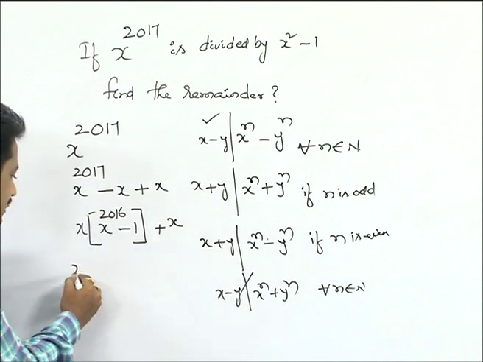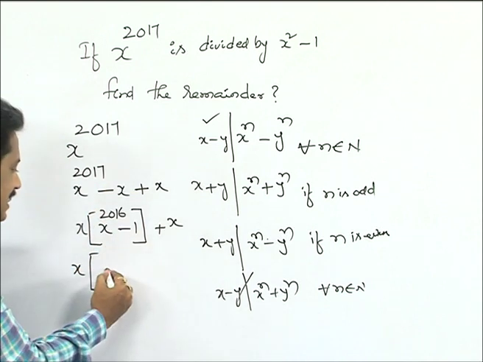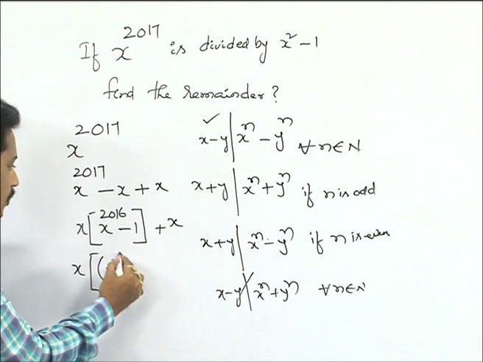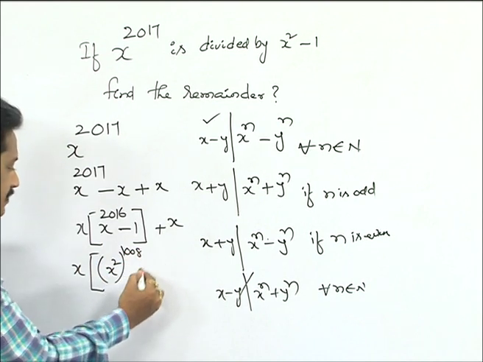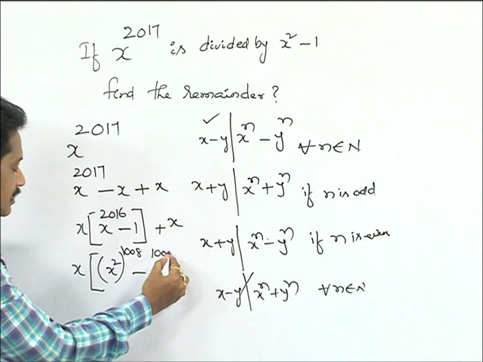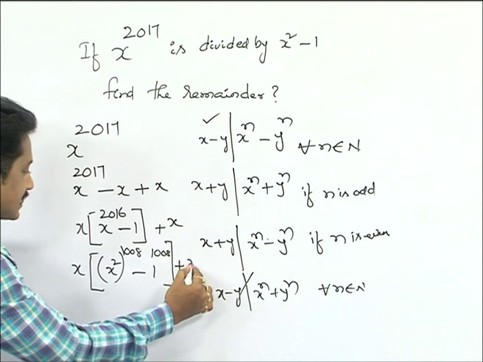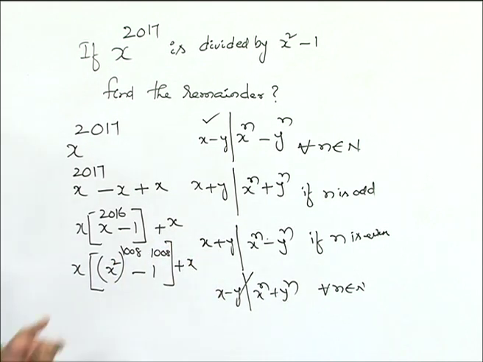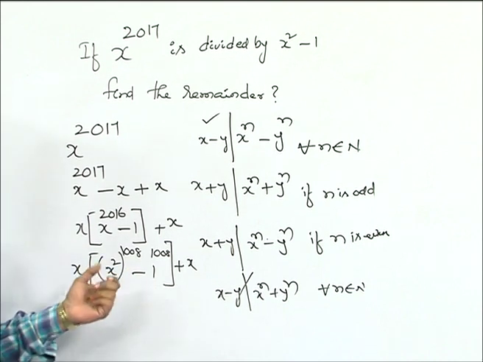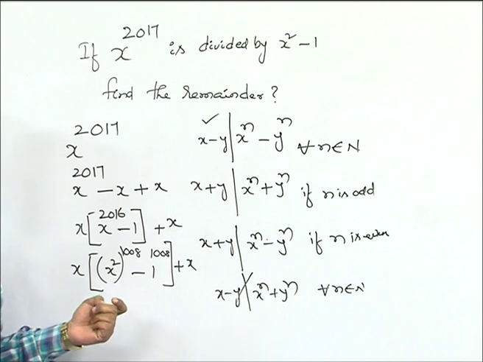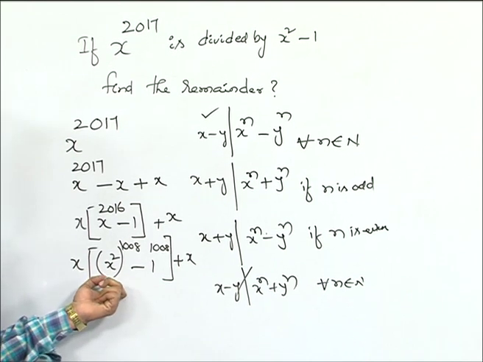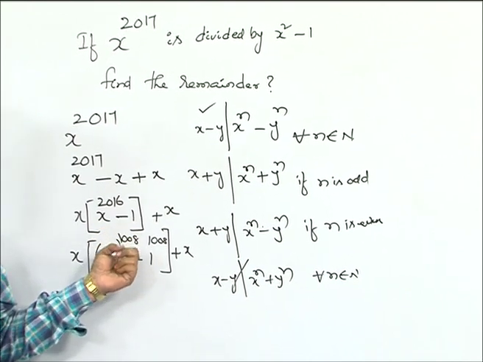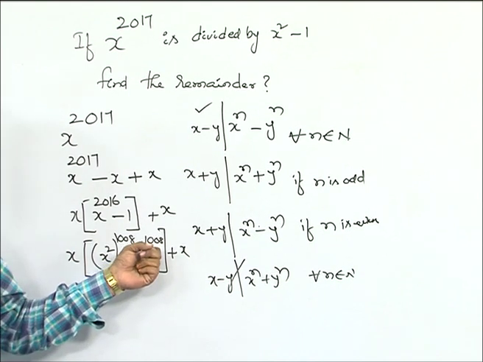Now, I am writing this x to the power of 2016 as (x square) whole to the power of 1008, and 1 to the power 1008, plus x. Now take x square as x, 1 as y, and 1008 as n; then it is in the form of x^n - y^n.